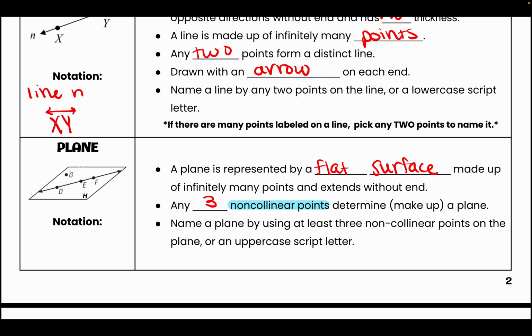So we can call this plane H. That is the uppercase script letter right here. Or we can use notation of a plane, so it's just a little plane shape, and then we can call that plane H, or any 3 non-collinear letters, so D, G, E.